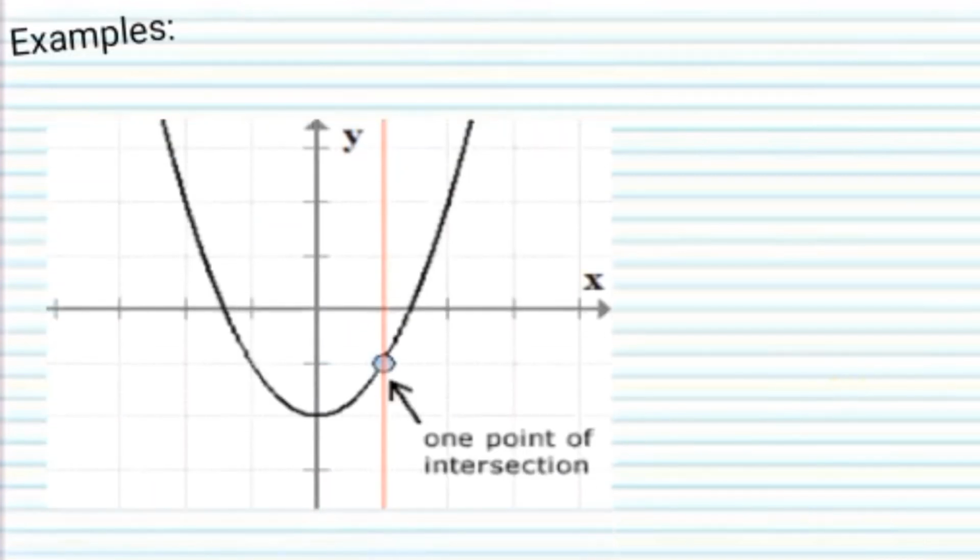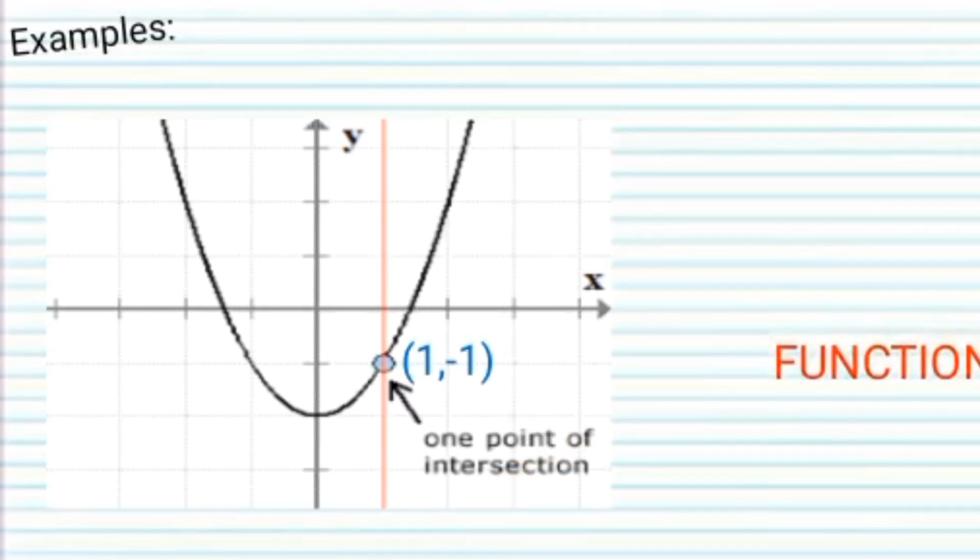So here's the first example. This graph is a function because we can see that there's only one point of intersection as we draw the vertical line test, and we name the point of intersection as 1 paired to -1.